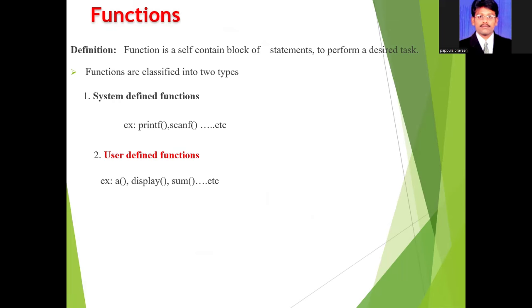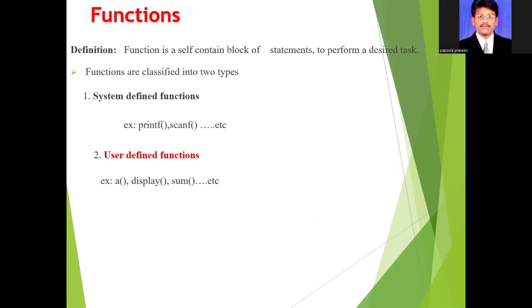See, friends, when we develop a project, in our previous programs we completed only 10 lines, 15 lines, 30 lines, maximum 50 lines programs. But coming to project development, we have to handle more than thousands of lines.